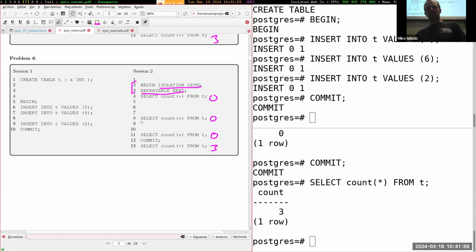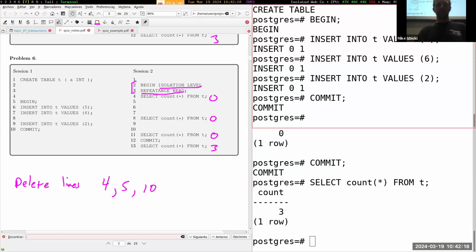Sorry, I meant to, instead of just deleting line 4, delete lines 4, 5, and 10 in order to do this. So I want to delete this select right here and delete the fact that all of this is happening in a transaction. So I'm going to redo this example.